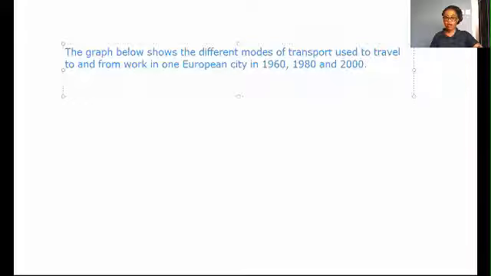So the graph below shows the different modes of transportation used to travel to and from work in one European city in 1960, 1980, and 2000. So I would have the bar graph. And you don't need below, the preposition below.